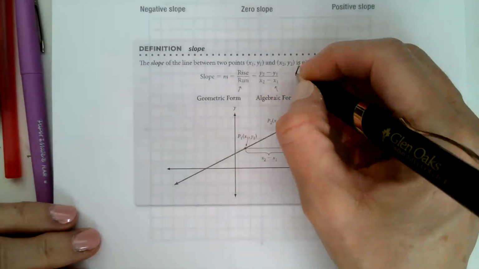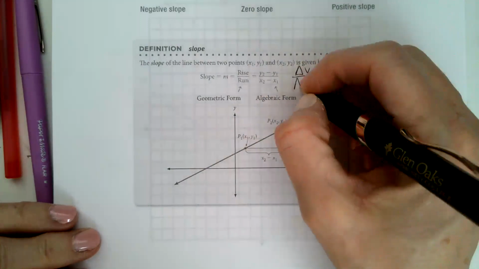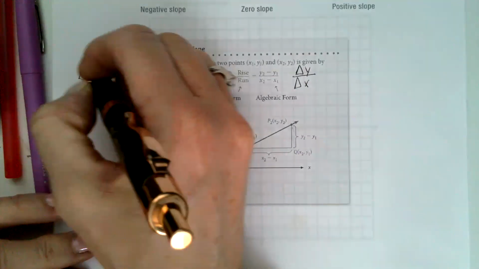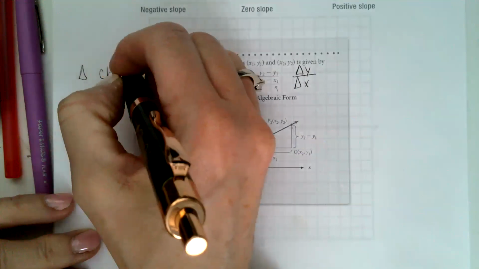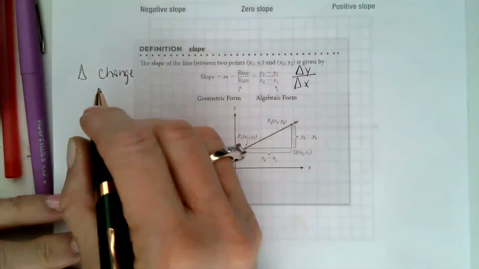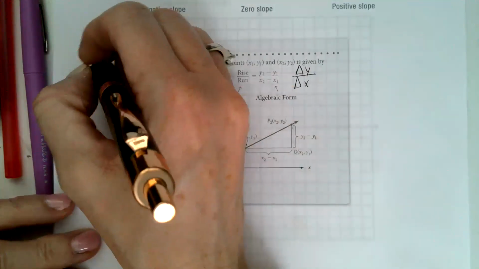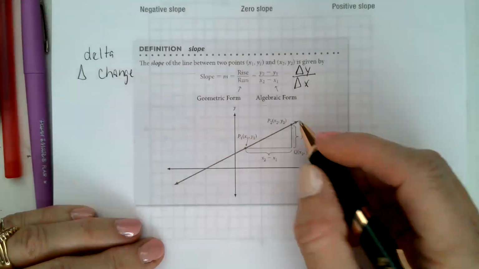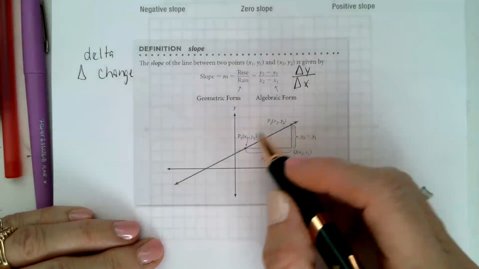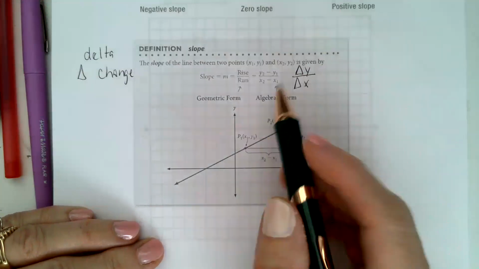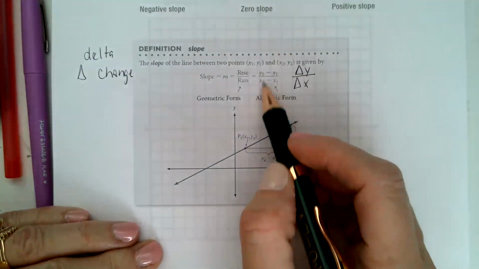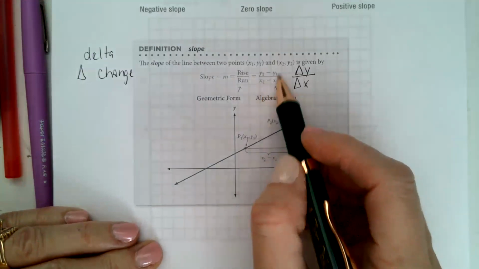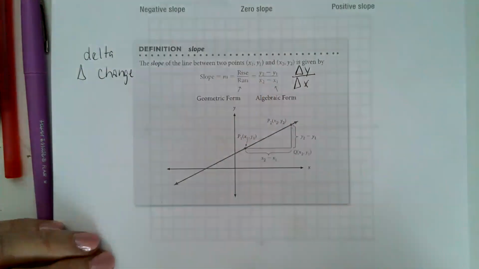I will also show it as the delta y over the delta x, where delta means the word change, delta. And it doesn't matter which point you call point one or point two, as long as you're consistent. See here where the twos line up, subtracting the ones. That's what's important.